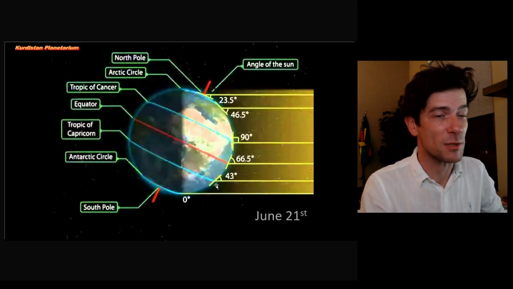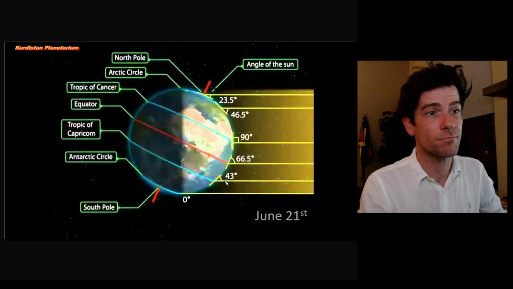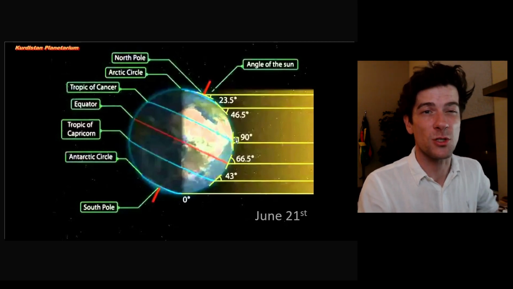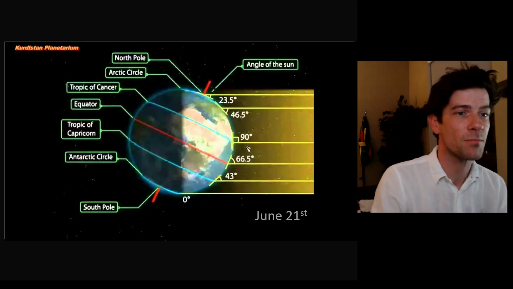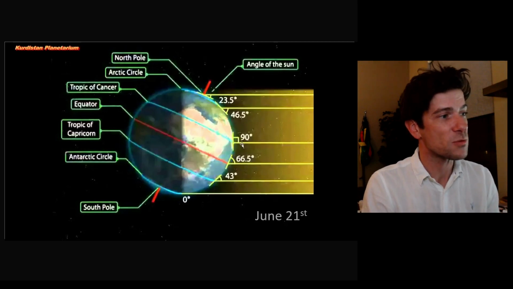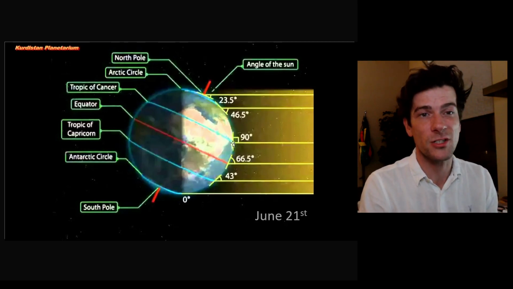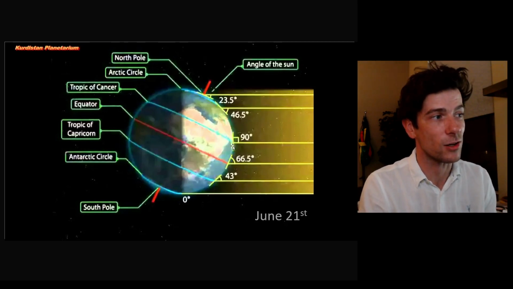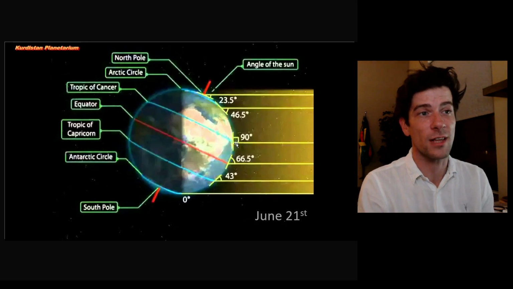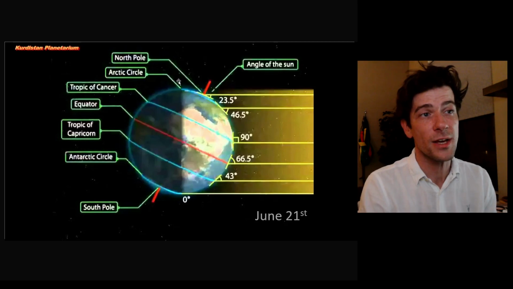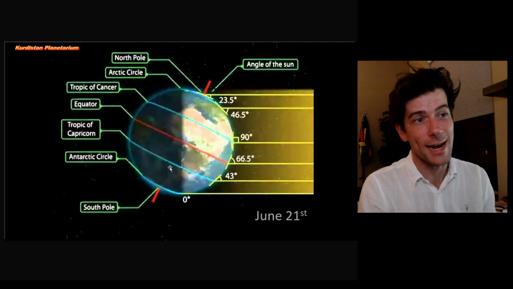And it's in the southern hemisphere during December. That would be the summer solstice for the northern hemisphere, June 21st. That's when the sun's rays intersect the Earth at a 90-degree angle at the highest northern latitude, which is known as the Tropic of Cancer. It's 23.5 degrees north. That reflects the fact that the Earth's axis has a 23.5 degree tilt.